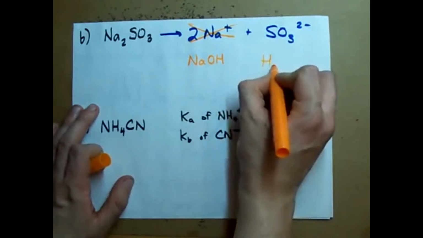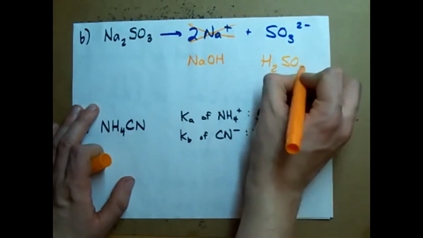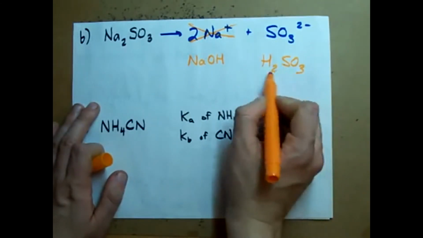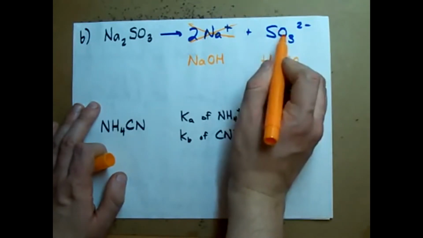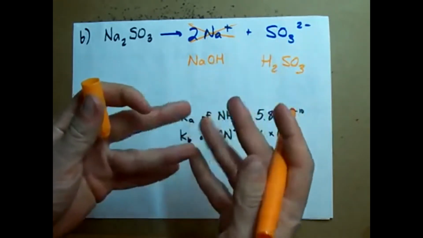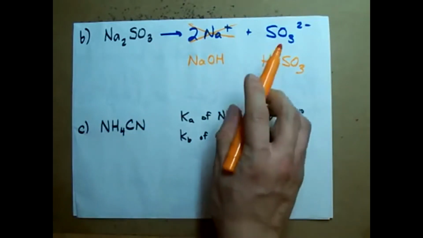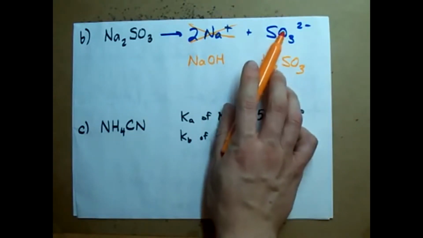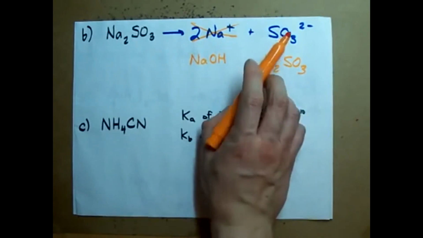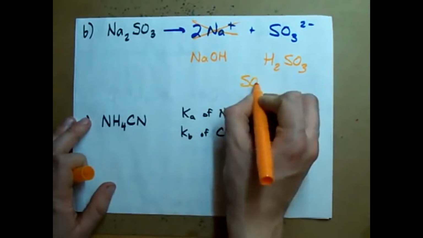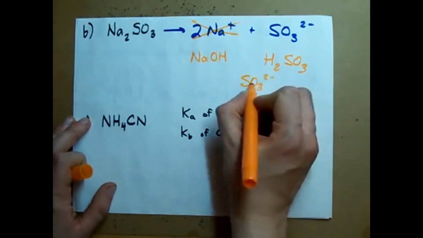This is the conjugate of H2SO3, which is a weak acid. That means that this has the ability to suck up protons. It is not the conjugate of something that is strong. It is the conjugate of something that is weak, and so it can literally accept protons.